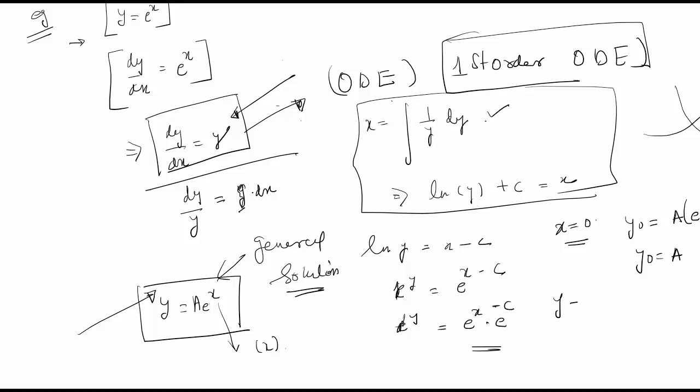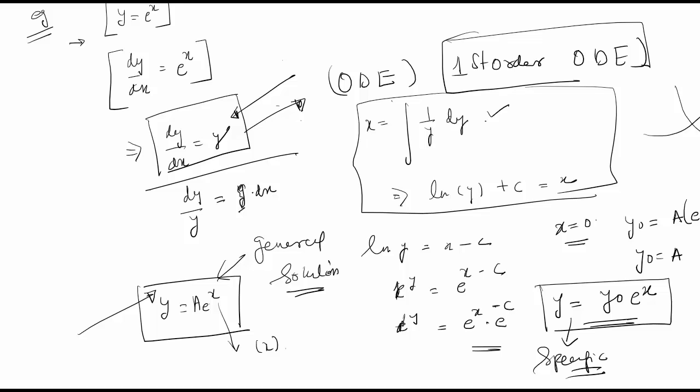So this equation will become y is equal to y naught e raised to x. This is known as a specific solution for this equation, or particular solution.